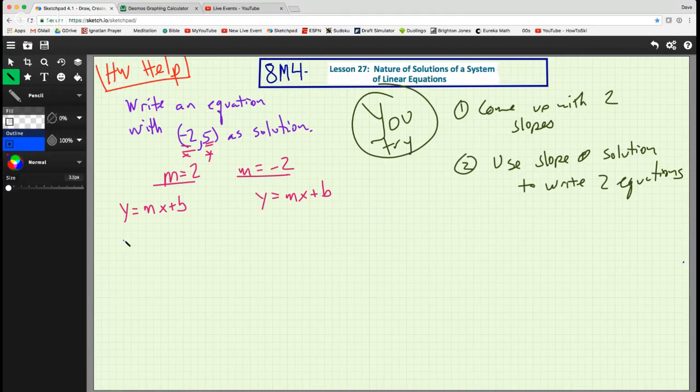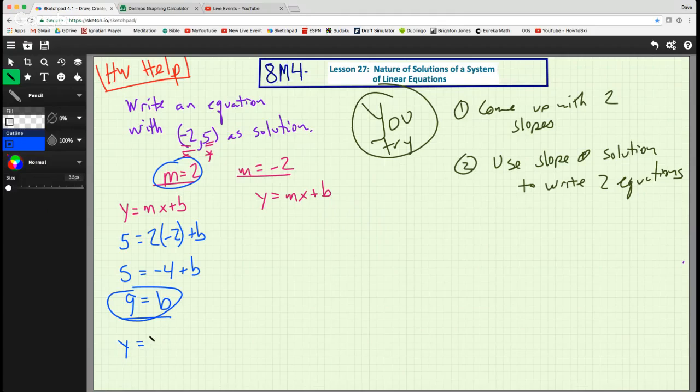Left side, 5 equals 2 times negative 2 plus b. 5 equals negative 4 plus b. B equals 9. So if our slope is 2 and our b is 9, y equals 2x plus 9.